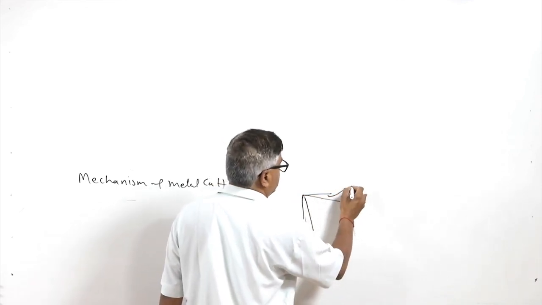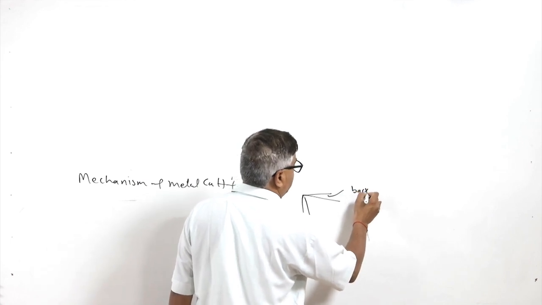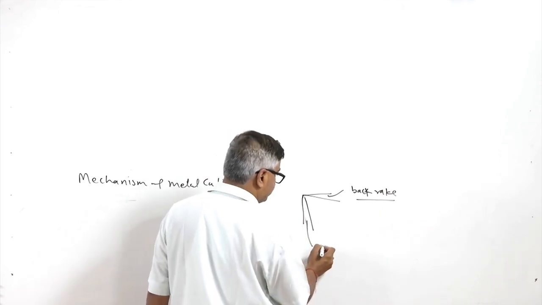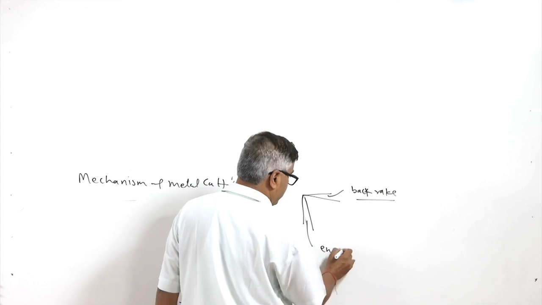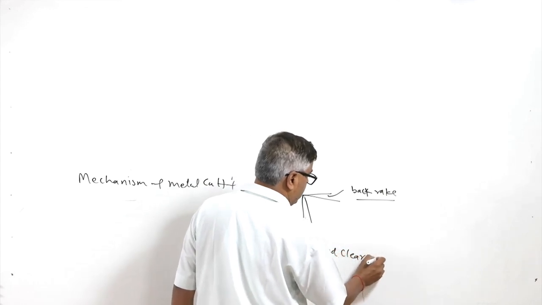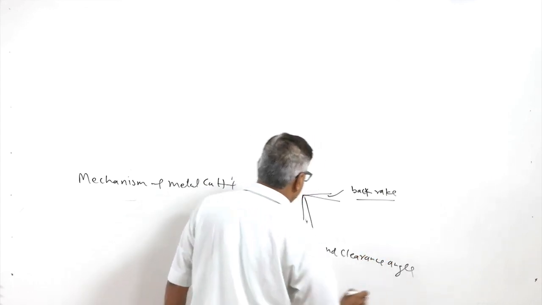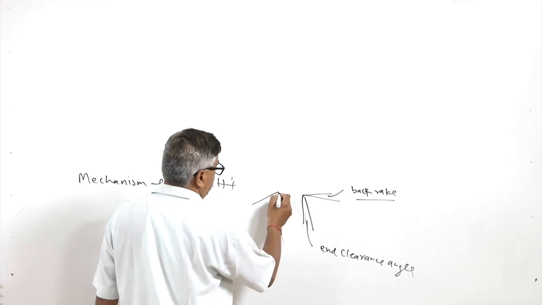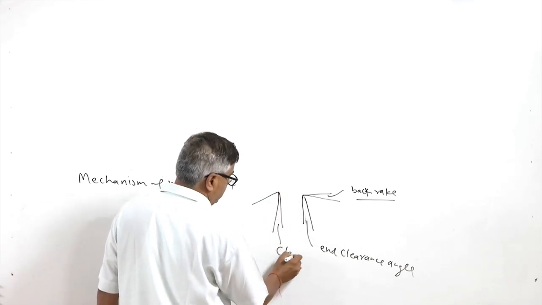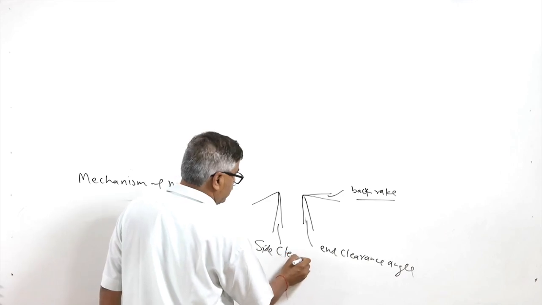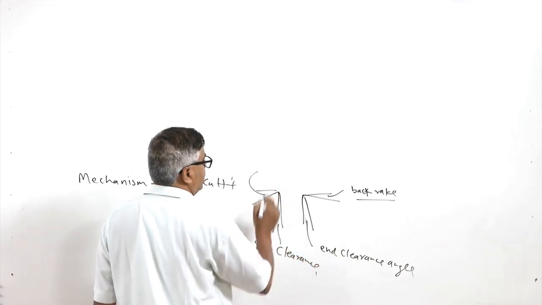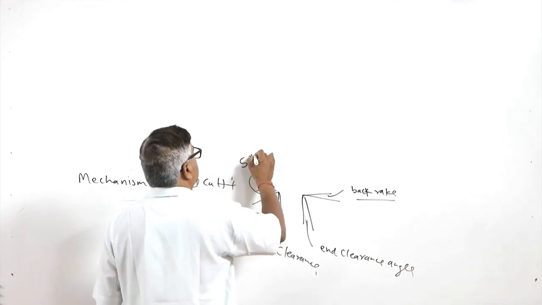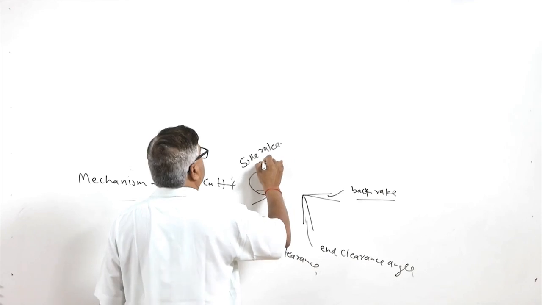These two angles, as I have said, are the back rake angle and the clearance angle. In the side view, this is the side clearance angle, and this is the side rake angle.